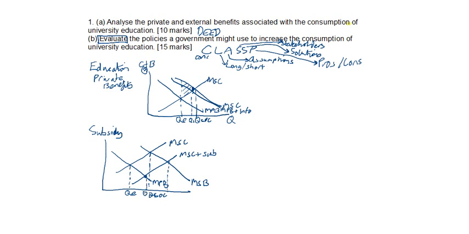Again, allowing us to enjoy much more of this external benefit. But still not quite all the way across. So there's still a little bit of welfare gain we could get, but we're still benefiting from all this extra that we weren't getting before. So that's one way you could illustrate the subsidy.